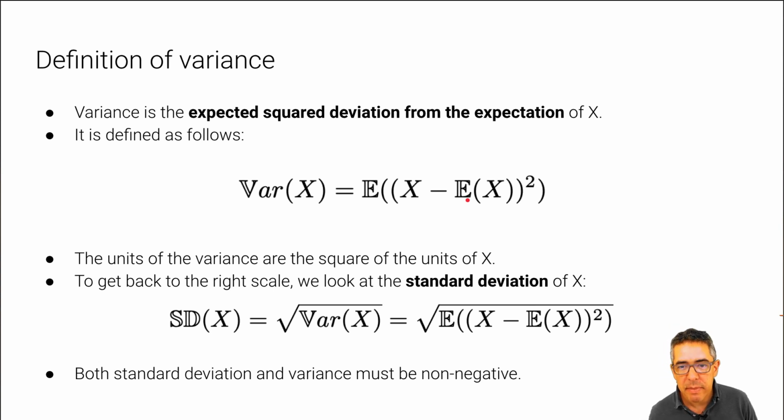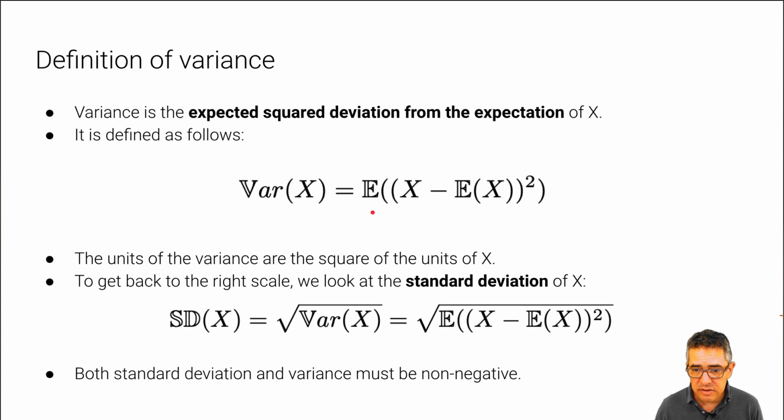Remember how when we built loss functions, we built our errors in the L2 loss as squares and not simply as y minus the predicted value, but rather that quantity squared. Well, the same idea applies here. We are not interested in taking into account the sign of these deviations, but rather their value only. We want to treat positive and negative deviations from the expectation equally, so we square them, and we take the expectation of that quantity.